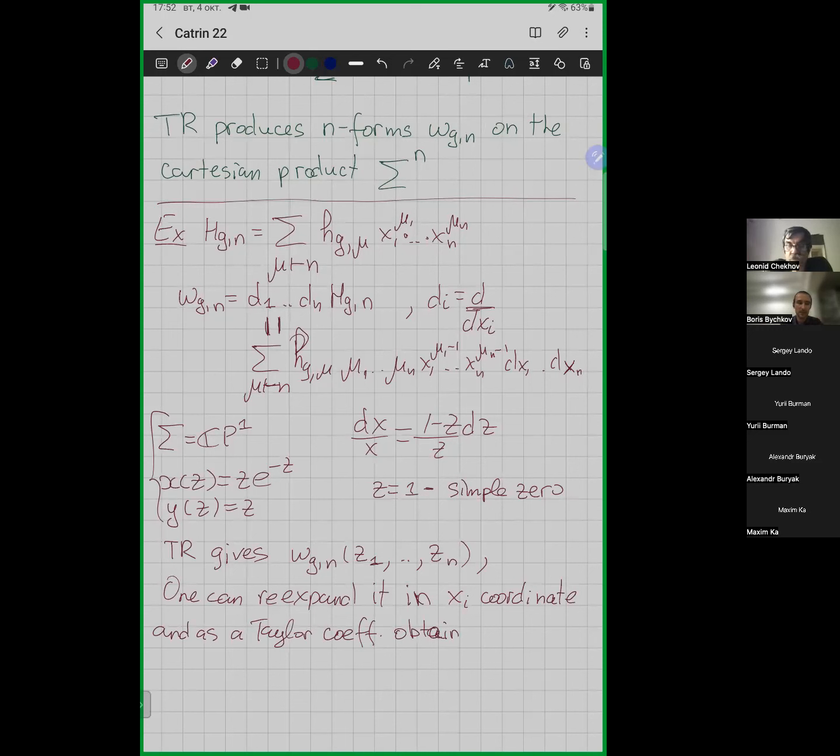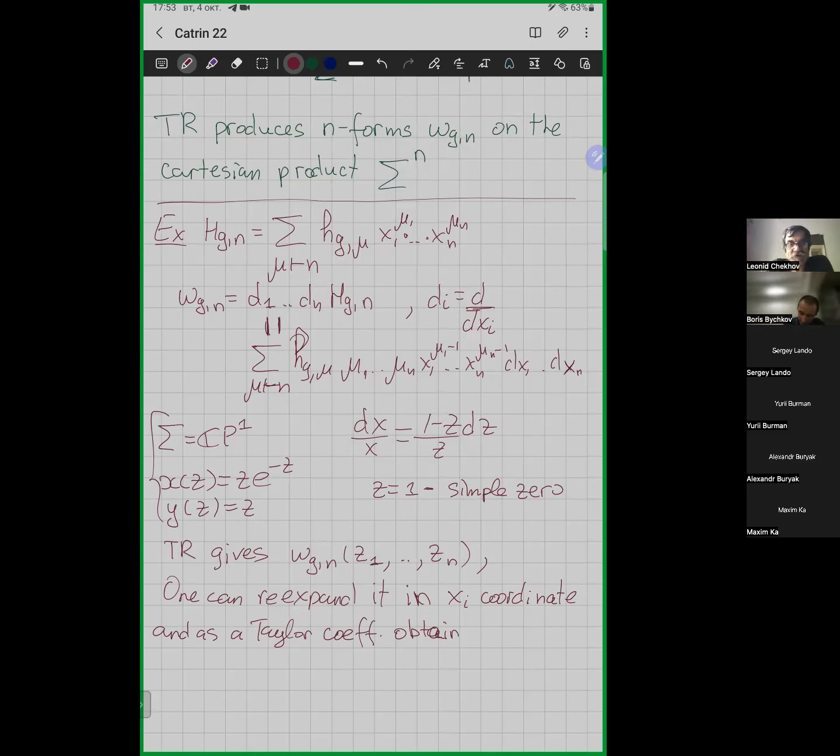As I said, in principle x can be any formal series, and we're not discussing that, but we're interested in this dx over x in this case, and obviously tomorrow and the day after tomorrow also.